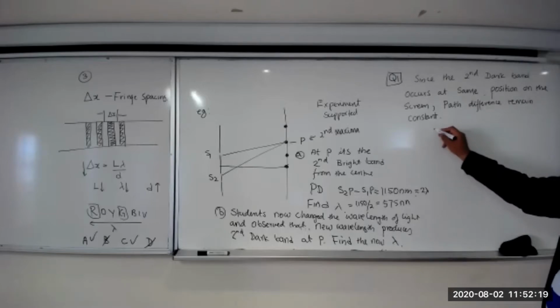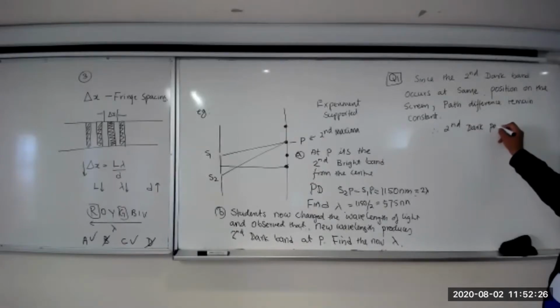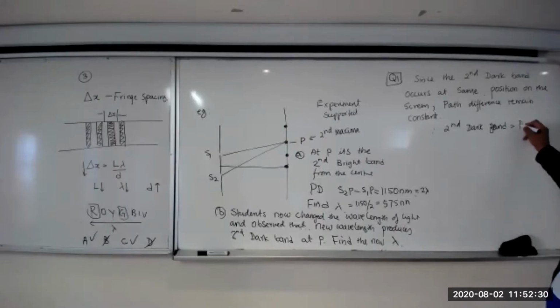So you can say the second dark band means the path difference is equal to 1.5 lambda. Let's say lambda 2.